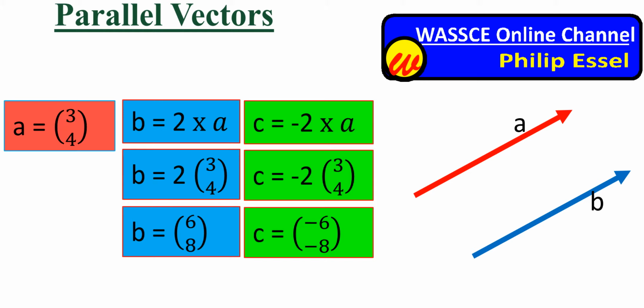And as you can see, the distance between them at any point in time is the same. So they are parallel and moving in the same direction. The vector C is also parallel to the vector A, but then it moves in the opposite direction to the vector A. So it would look like this. Let's look at another illustration.